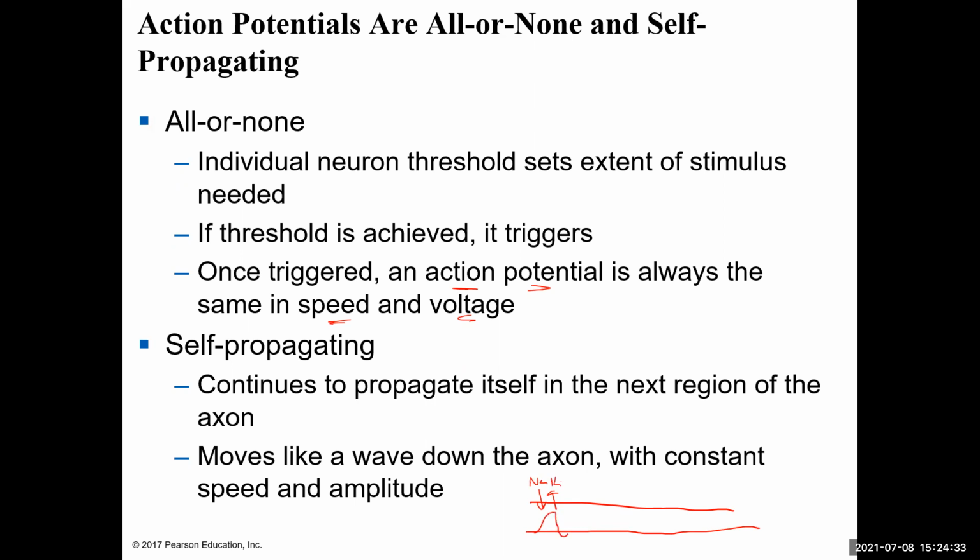And then what that's going to do is cause another action potential here, right? So you get another, and then another, and then another one. And so the action potential propagates down the axon. Right? So this is the axon. But this propagation is very, very fast, right? So 1/10 of a second, okay?